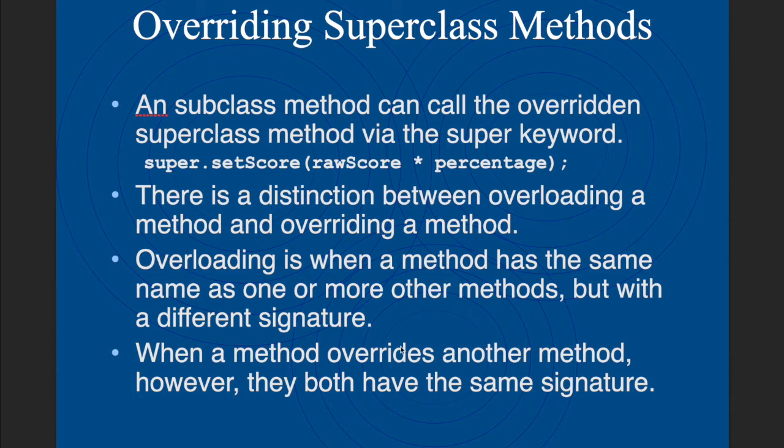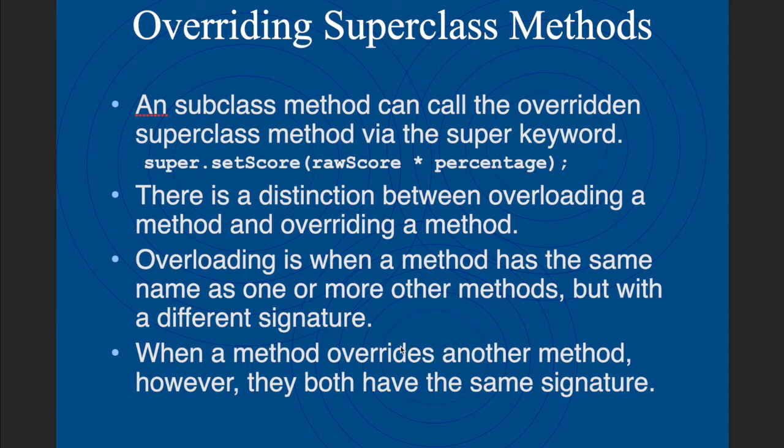There's a distinction between overloading a method and overriding a method. These are two completely different things. Overloading is when a method has the same name as one or more other methods, but with a different signature. Again, just remember what signature is.